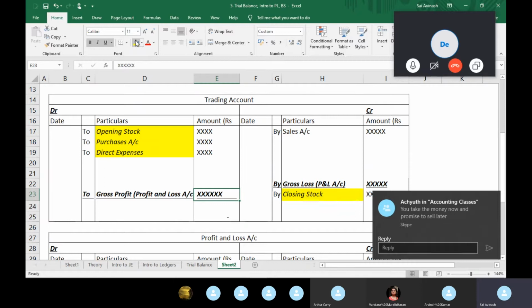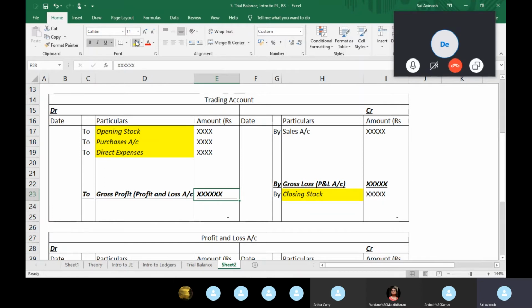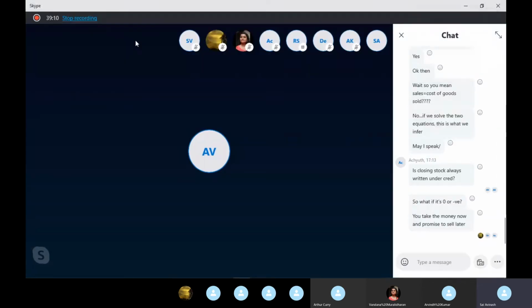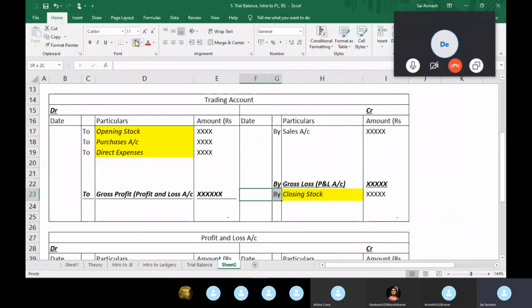If you take the money now and promise to sell later, you would not have accounted it in sales, which means the closing stock will represent the item now. If you take the money now and promise to sell later, right? It will be an advance received.